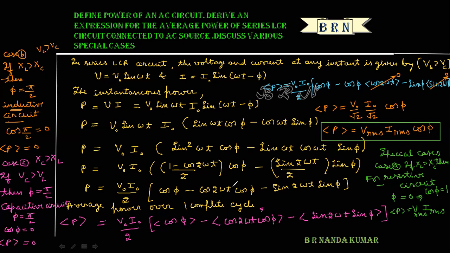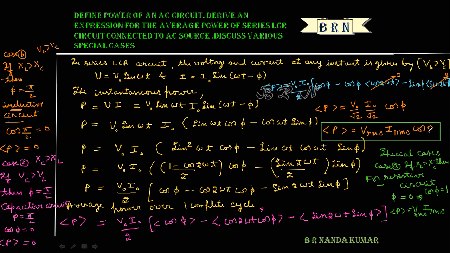What is the meaning of power in an AC circuit? The rate at which electric energy is consumed in an electric circuit is called its power. So in an LCR series circuit, it is the product of the RMS value of voltage and the RMS value of current.